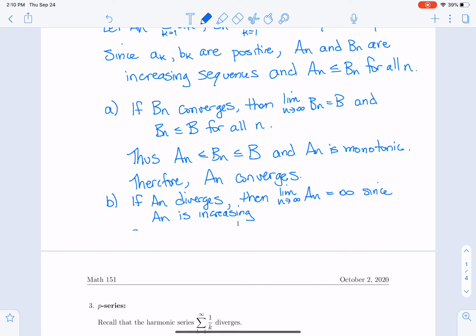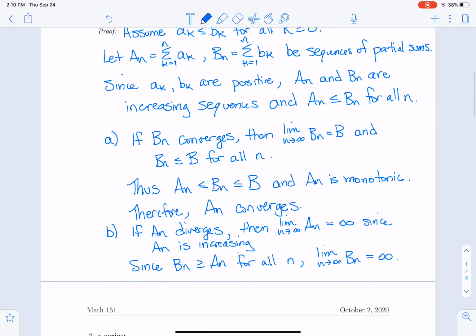Well, since B sub n is greater than or equal to A sub n for all n, then it must be that the limit of that sequence of partial sums is also infinite. And therefore, if the sum from k equals 1 to infinity of a sub k diverges, then the sum from k equals 1 to infinity of b sub k must also diverge.